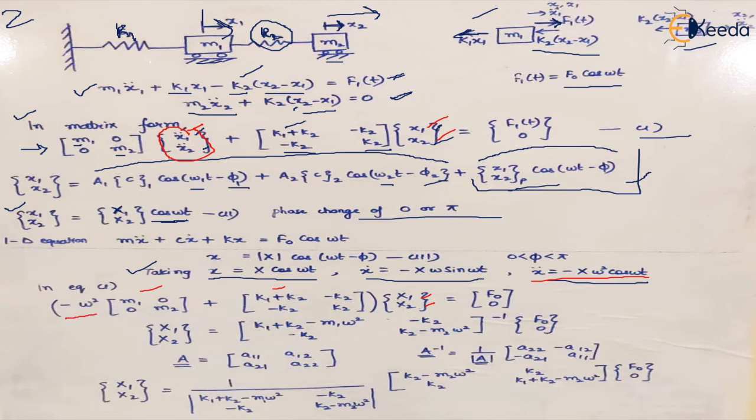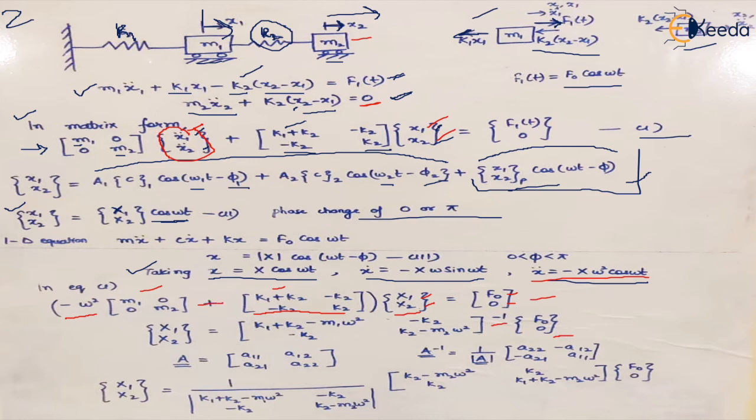So this will be the equation, and we are assuming that the force being applied is on m1, which is F naught, and no force is applied on mass m2, so this becomes 0. If some force were applied on m2 also, we might have written F2(t), right? So if you want to find the values of X1 and X2, it becomes the inverse of this spring stiffness matrix times F naught and 0.